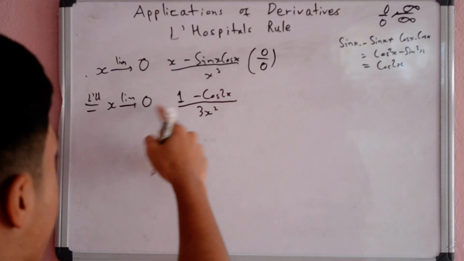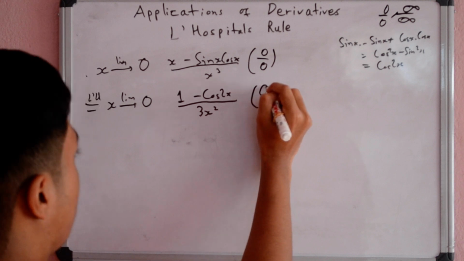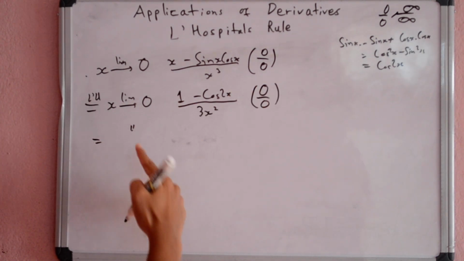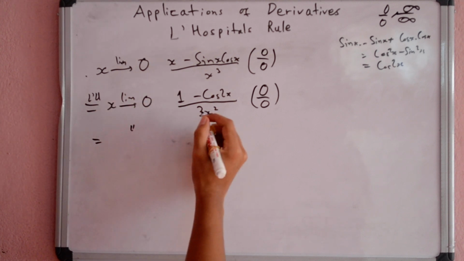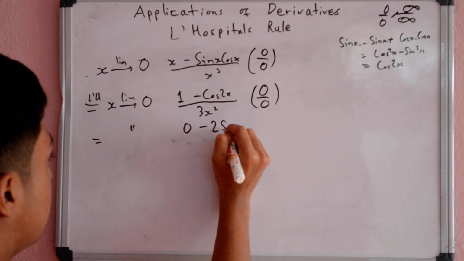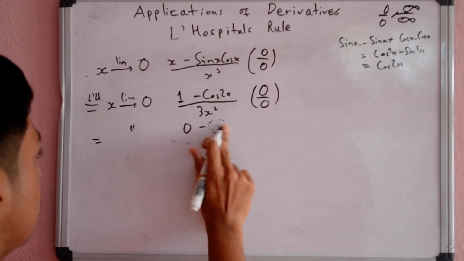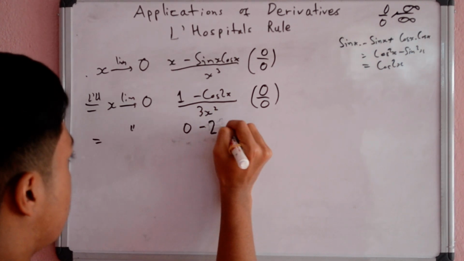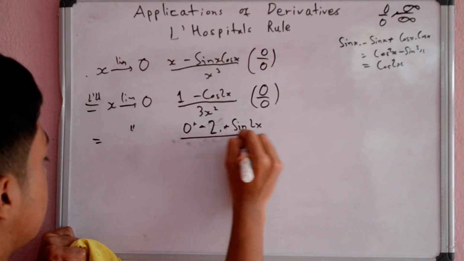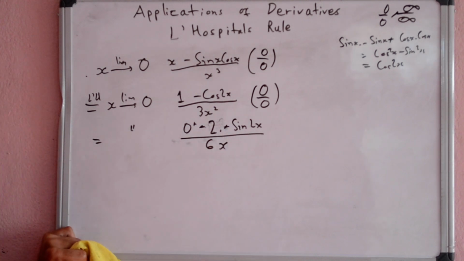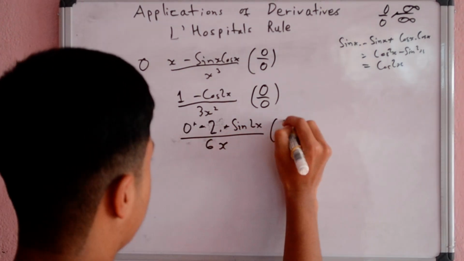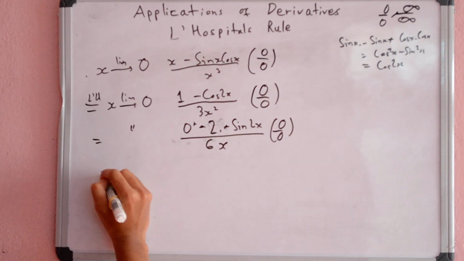Again, if you put 0 here, 1 minus 1, 0 above, below 0, 0 by 0. This is equal to the limit of 0 minus 2 into minus sine 2x, minus minus cancels, giving us plus 2 sine 2x by 6x. Again, if you put x equal to 0 here, this again becomes 0 by 0.